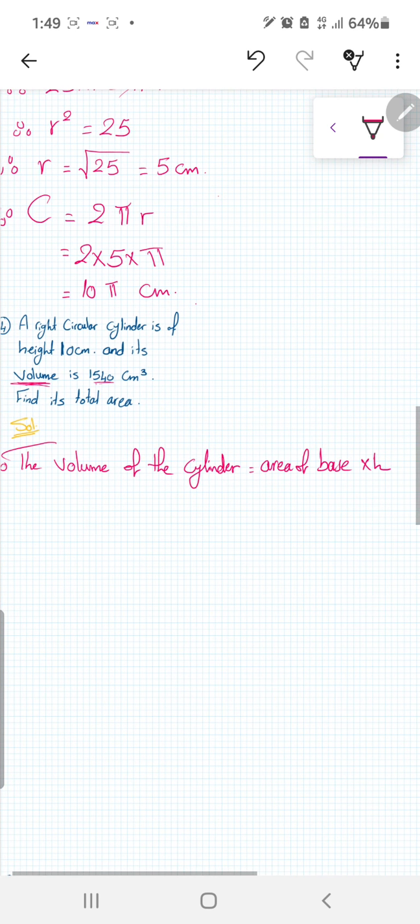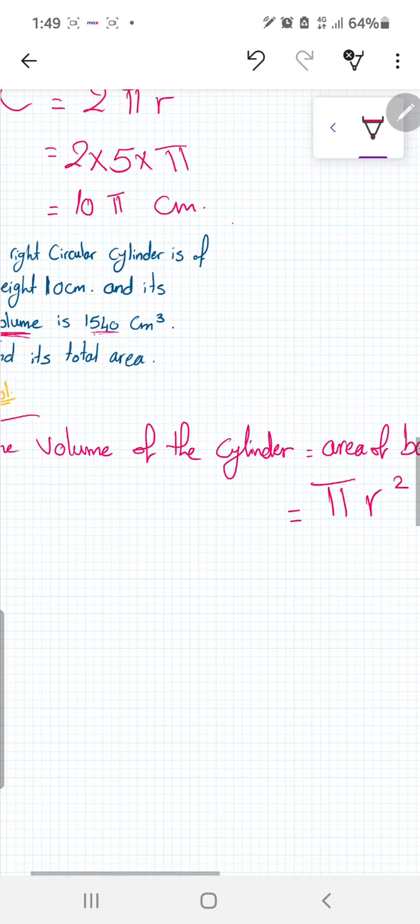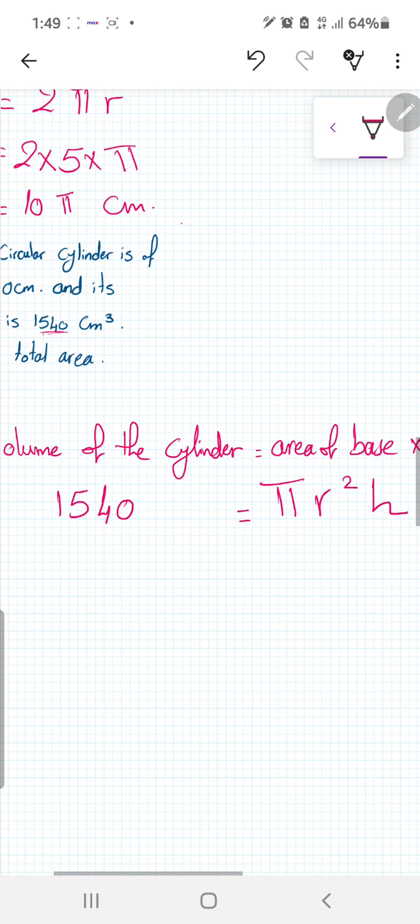So area of base πr squared, so volume equals πr squared times h. Okay. The volume here is 1540.